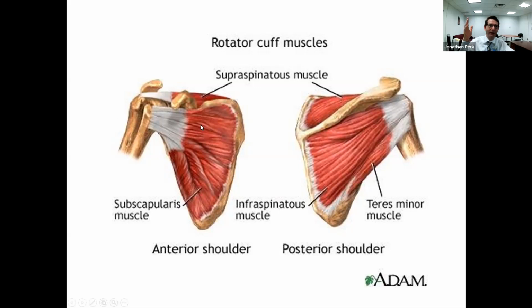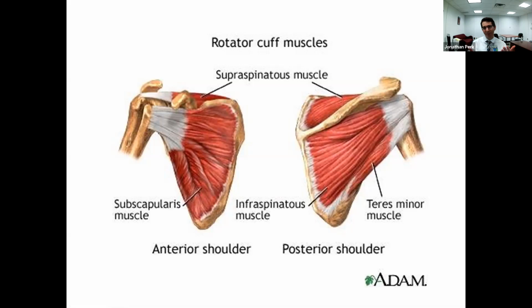We have the subscapularis muscle innervated by the subscapular nerves coming from the posterior cord. On the other side, we see the infraspinatus over here and the teres minor. The infraspinatus, as we mentioned several times, is innervated by the suprascapular nerve, and the teres minor that we mentioned is a branch from the axillary nerve.